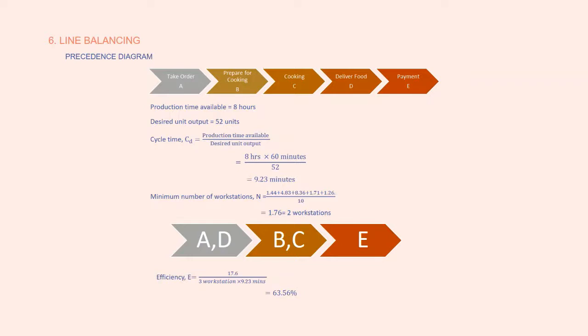From the calculation, we obtain 2 workstations as the minimum, but we decided to do 3 workstations as the tasks should be in 3 workstations. From that, we calculate the efficiency, and we get 63.56%, which is better than the efficiency before using this new layout.